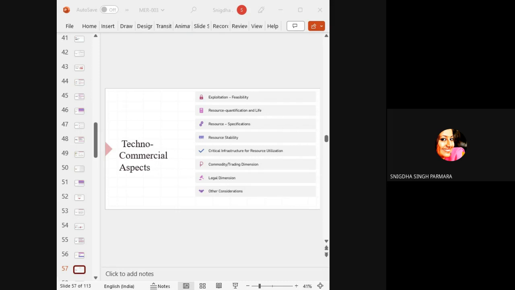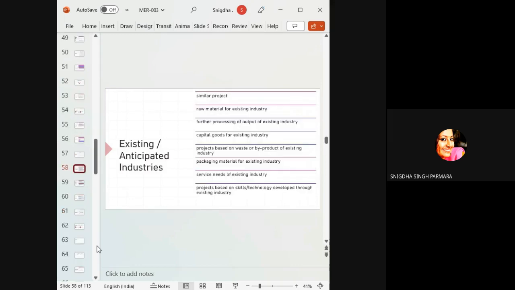So there are some legal dimensions also while you are trying to associate yourself with a particular resource. And then some other considerations, as in whether the idea that you are going to go ahead with is sustainable or not, whether there are any environmental conditions to be adhered to. So such kinds of things.